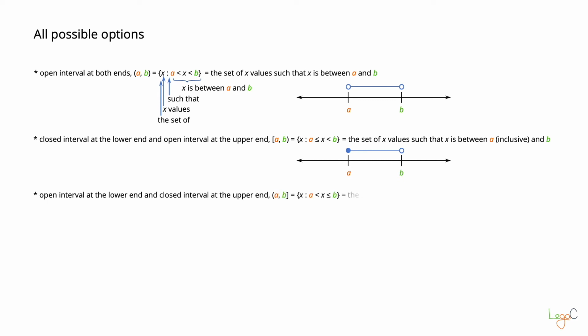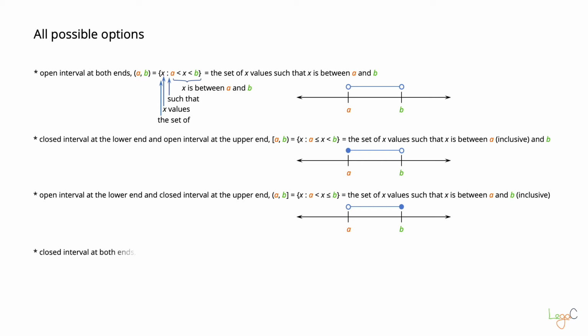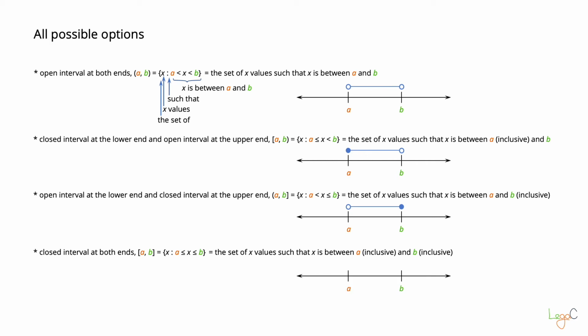The set of x values such that x is between a exclusive and b inclusive. On the number line, we have a circle at a and a dot at b. Closed interval at both ends. So this is the set of x values such that x is between a inclusive and b inclusive. On the number line, we are going to have dots at both ends.